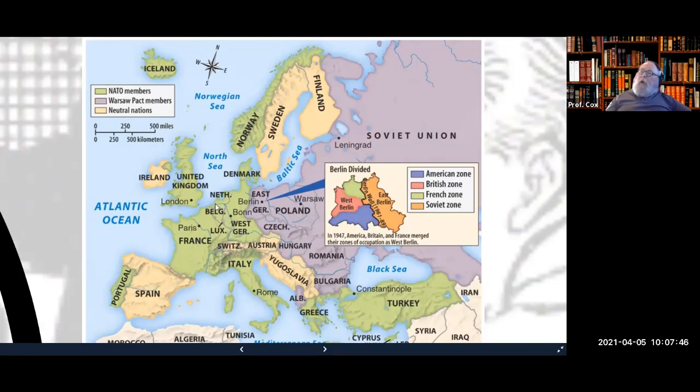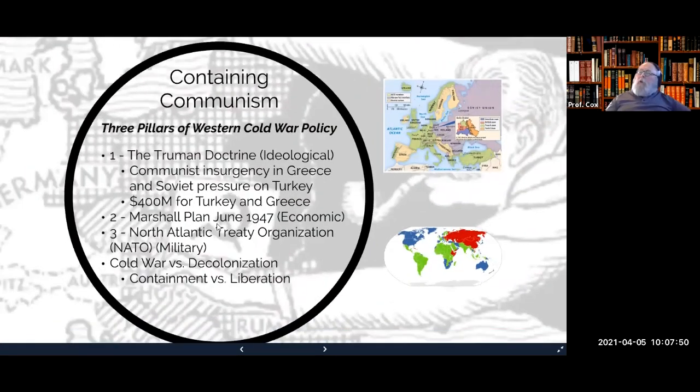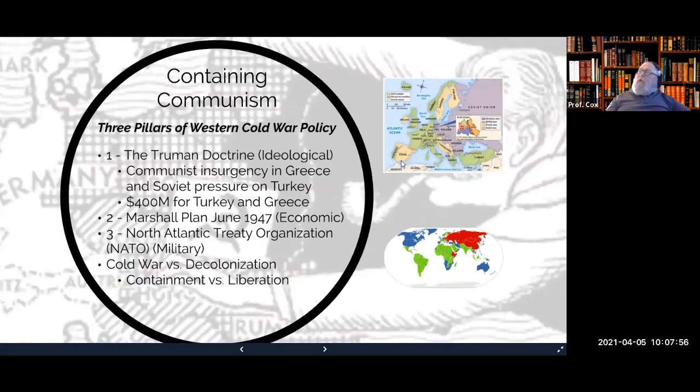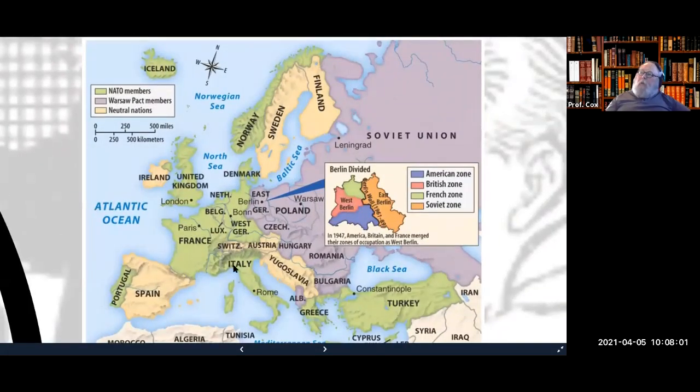It's called the Marshall Plan because it was announced by Secretary of State Marshall in 1947. But the idea is to bring about economic recovery in Western Europe so that communism no longer seems like a good solution.